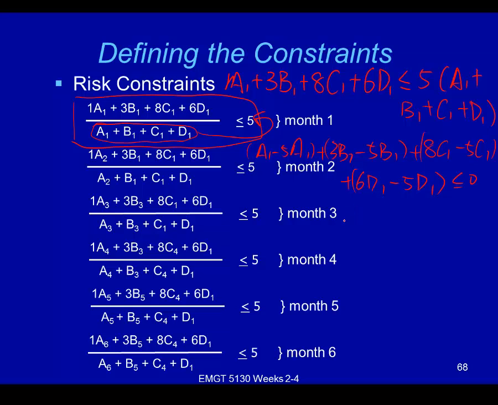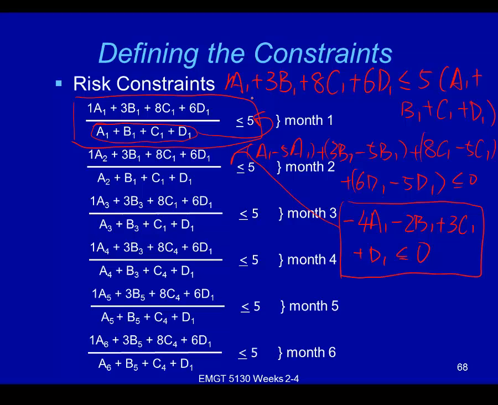Then further simplified, it would be negative 4A1 minus 2B1 plus 3C1 plus D1 less than or equal to 0. So this would be the final constraint for month 1.